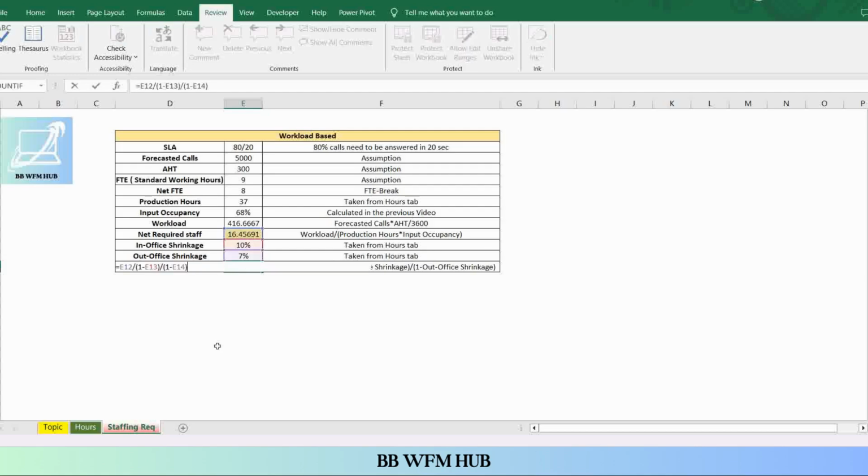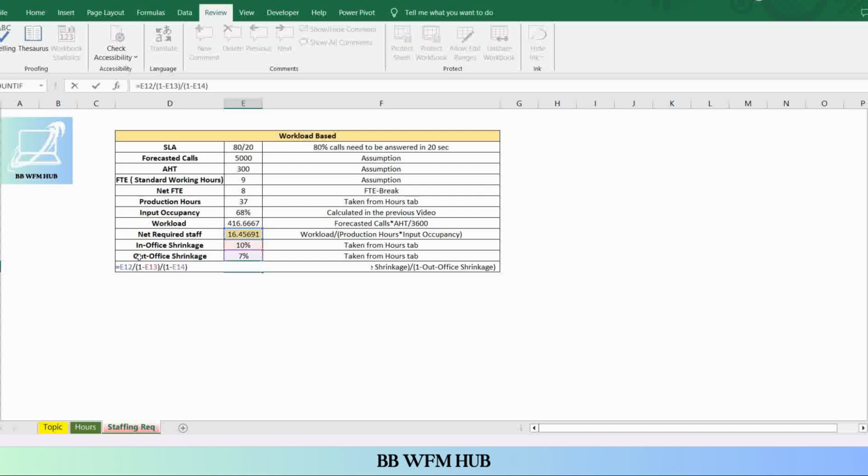And then gross staffing. Gross staffing is we are increasing the net required staff with the shrinkage percentage. I mean, we have the requirement of 16.45, but agents will provide me 10% in-office shrinkage.